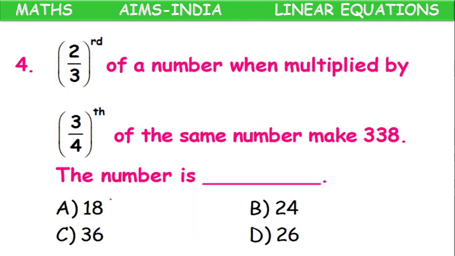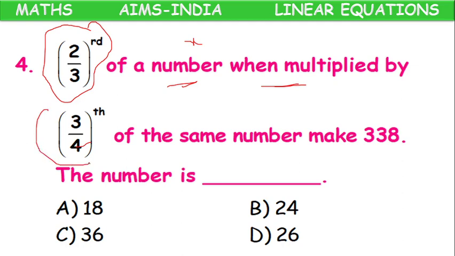Next, children. 2 by 3rd of a number means, let's say it x. 2 by 3rd of x when multiplied by 3 by 4th of the same number, again x, makes 338.